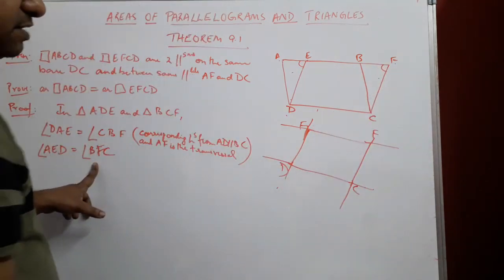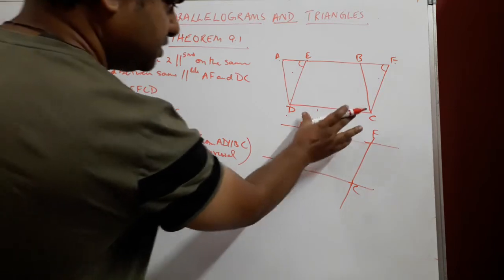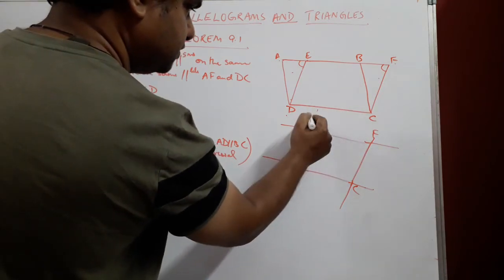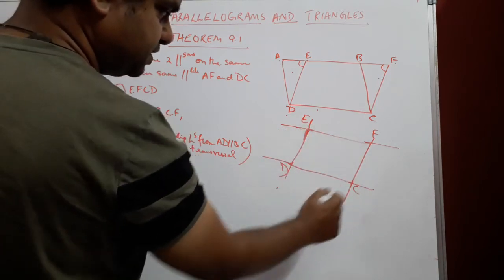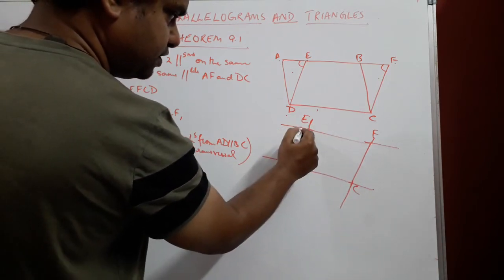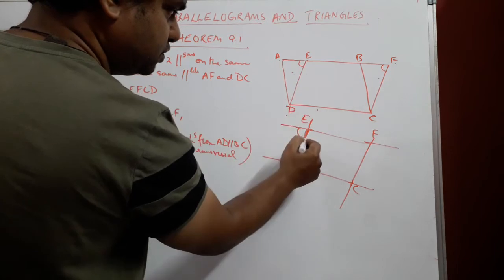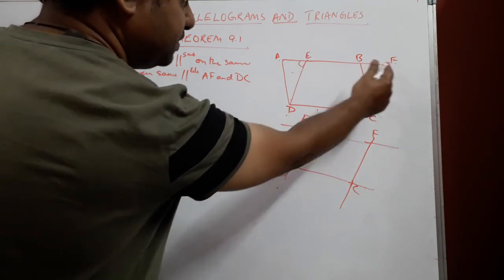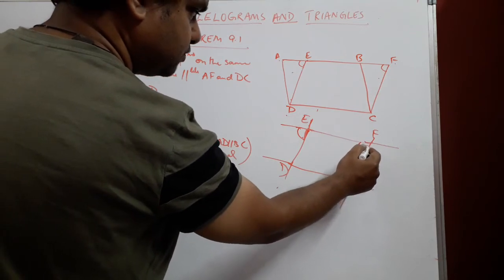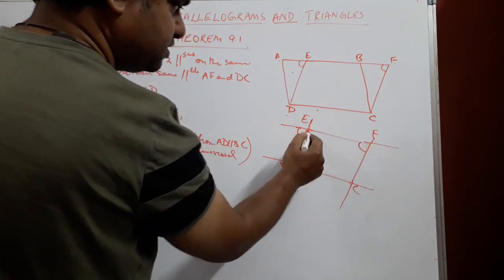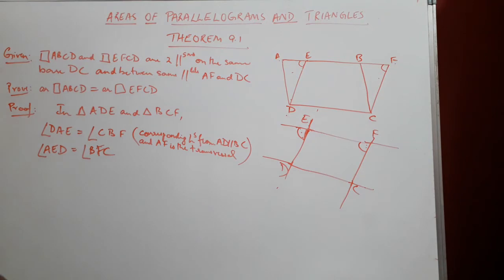Where does actually this angle fall? This is E over here. Okay, so in this particular parallelogram which I have drawn, this angle falls here, and in this BFC, this particular angle falls here. What are these angles actually? These angles are corresponding angles.